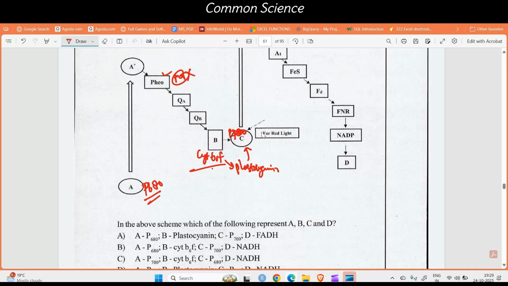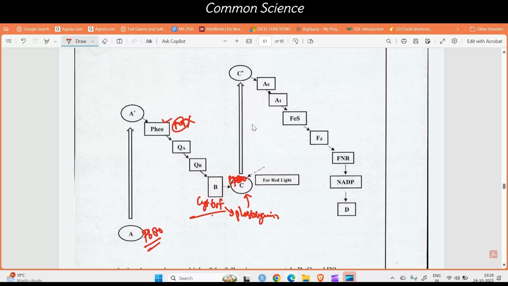Then this P700 absorbs far-red light and gets excited to P700 star, and then it gives its electron to A0, A1, iron-sulfur, ferredoxin, and this FNR is an enzyme here, ferredoxin NADP reductase. So this FNR then reduces NADP to NADPH. So D should be NADPH.